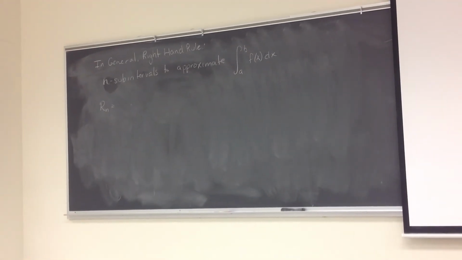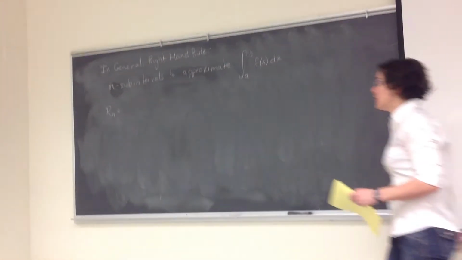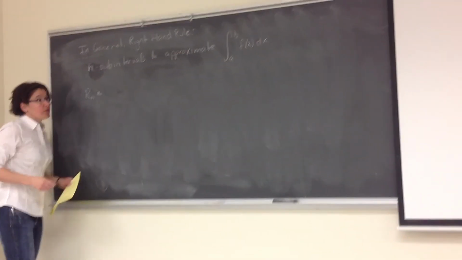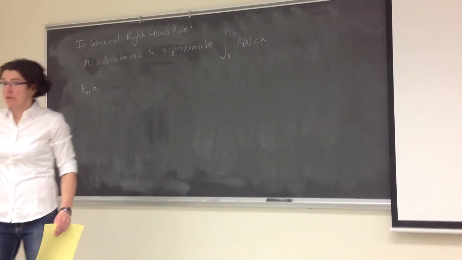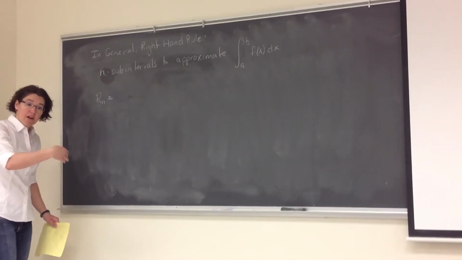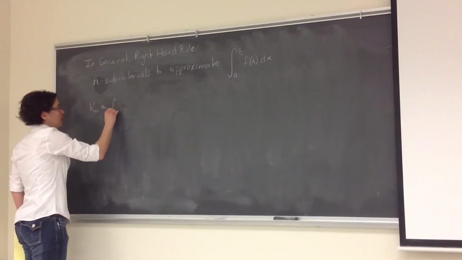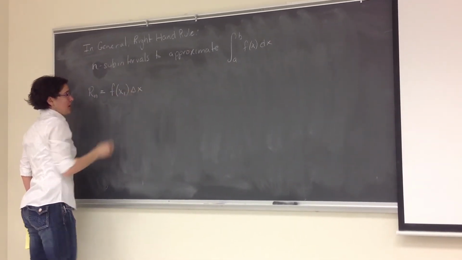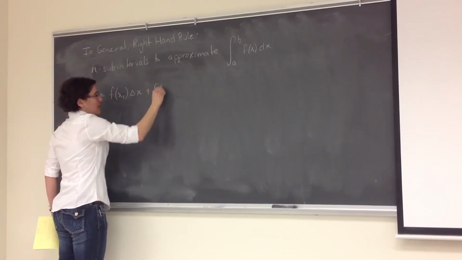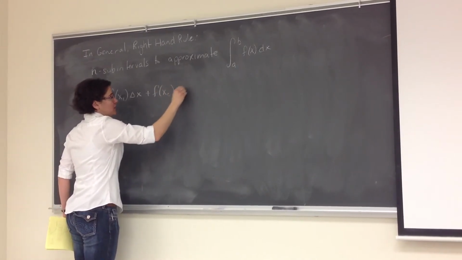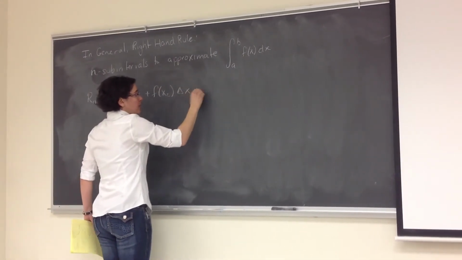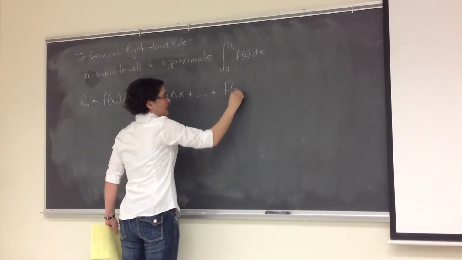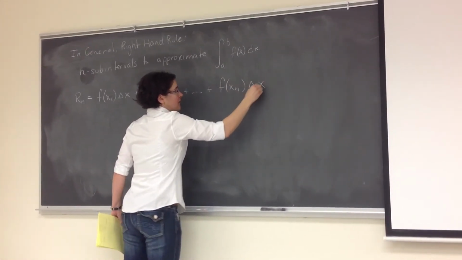Okay, R for right-hand rule, N for the number of subintervals. And so the way that we worked it on this particular problem, we labeled our x values across the bottom, and we calculated f of x1 times delta x plus f of x2 times delta x plus dot dot dot, and we went up to f of xn times delta x.